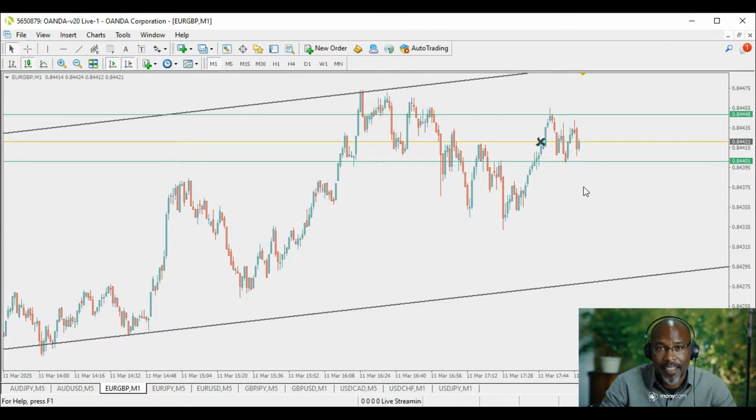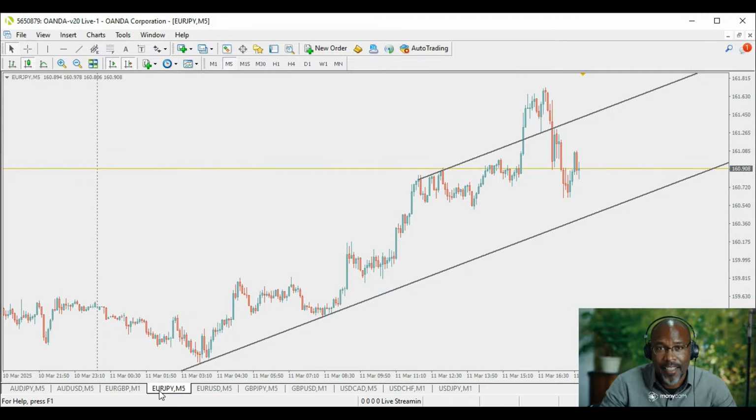The euro dollar Japanese yen began turning north, but then failed to sustain its upward trajectory.